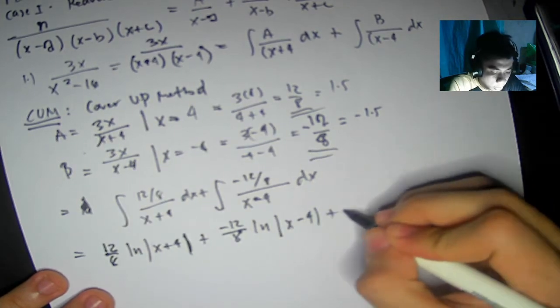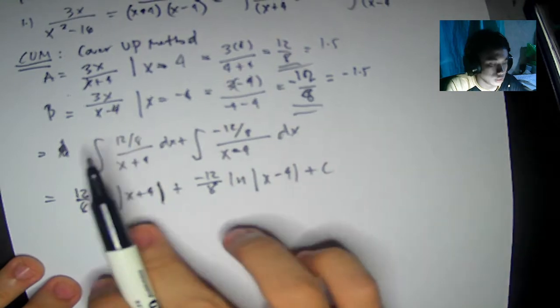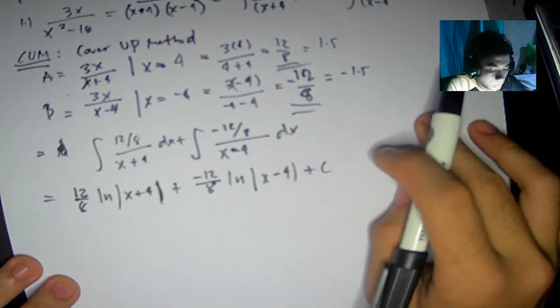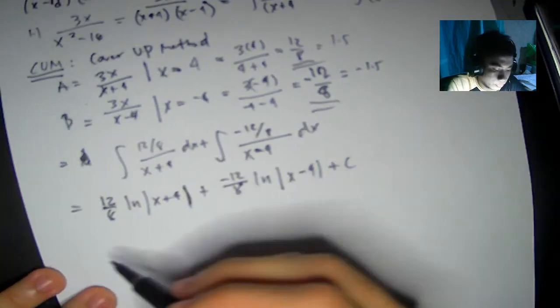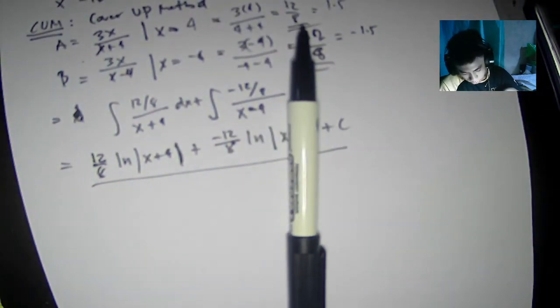Plus another constant. Right here you can say that this is our answer, and you can combine these two. So that is our answer. Let me get another bond paper.